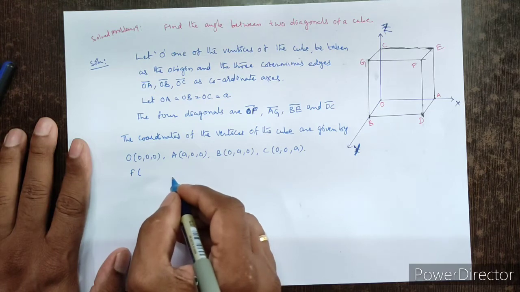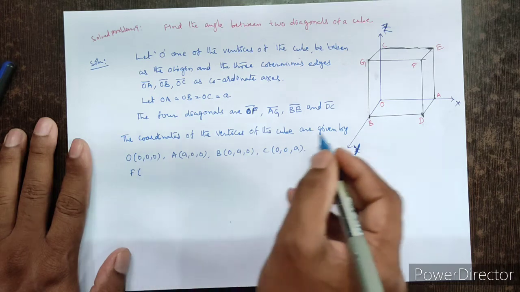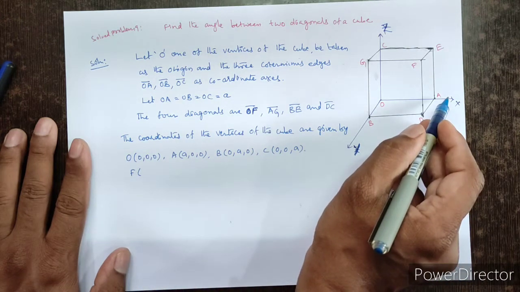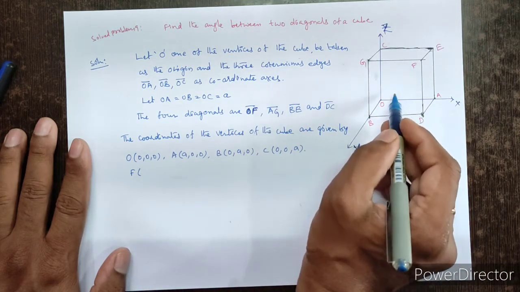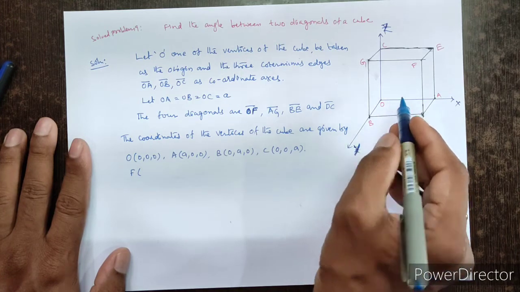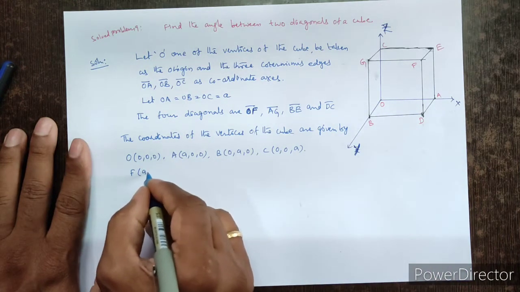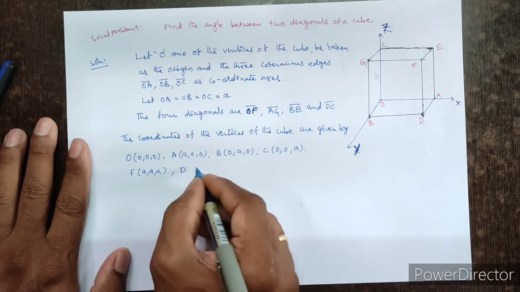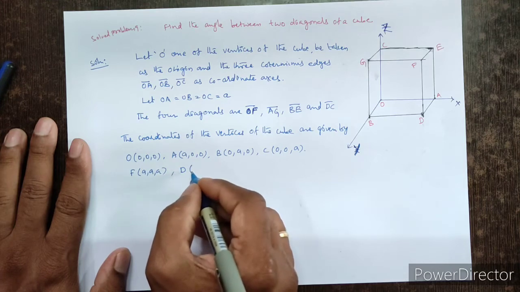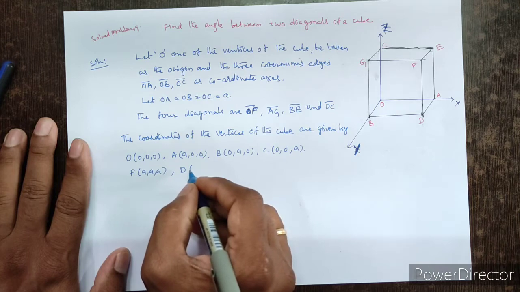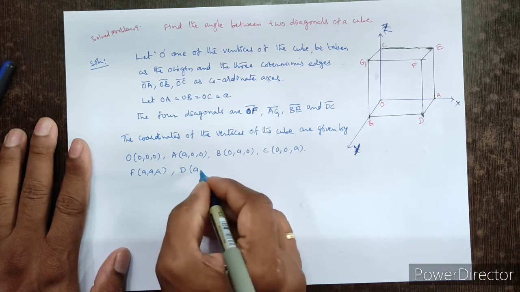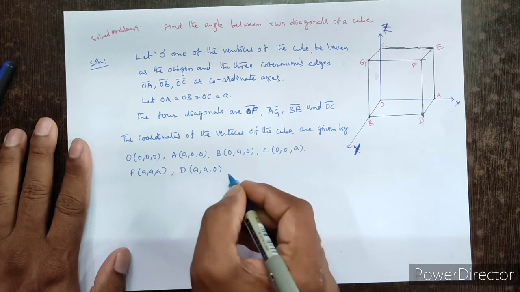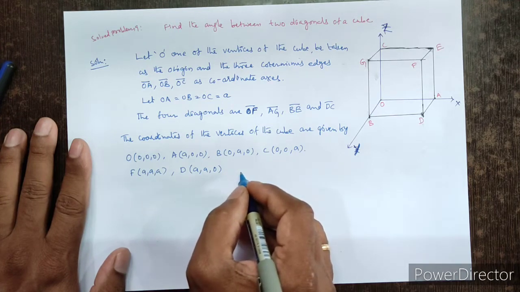F is in the xyz space, therefore F is (a, a, a). D is in the xy plane, therefore z coordinate is 0, so D is (a, a, 0).